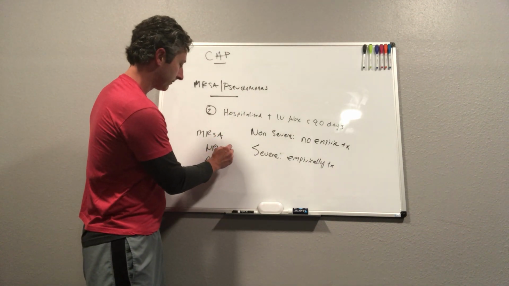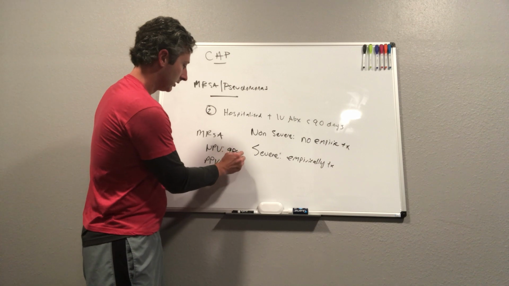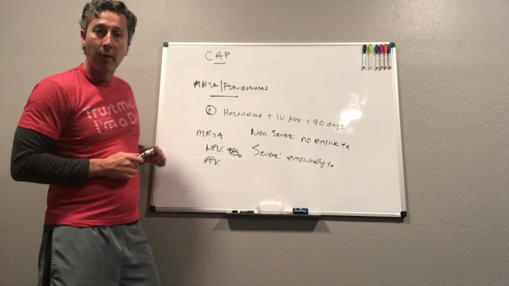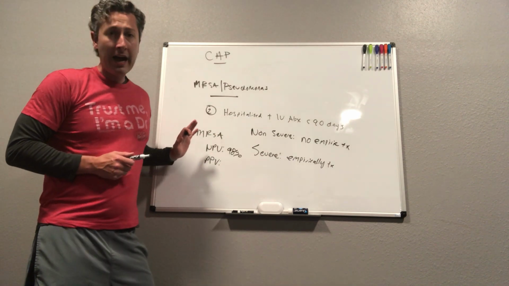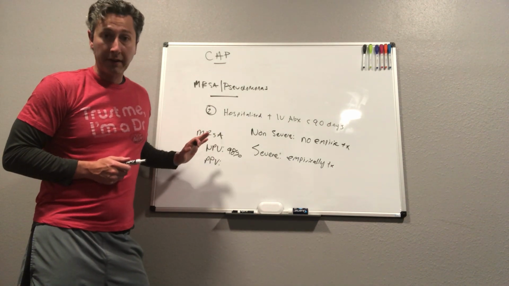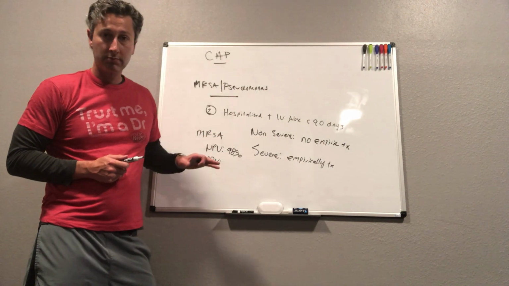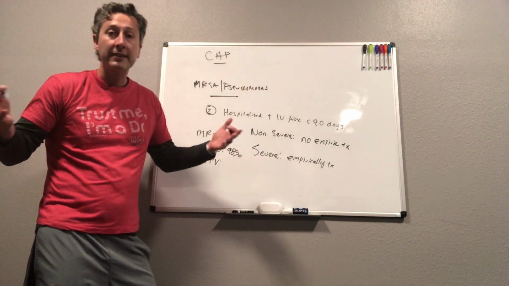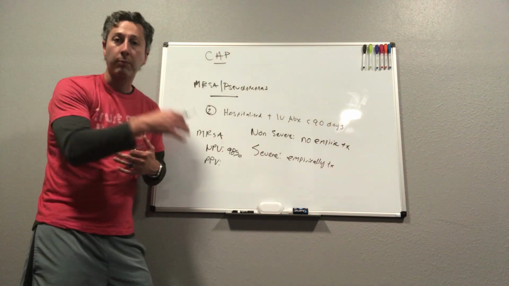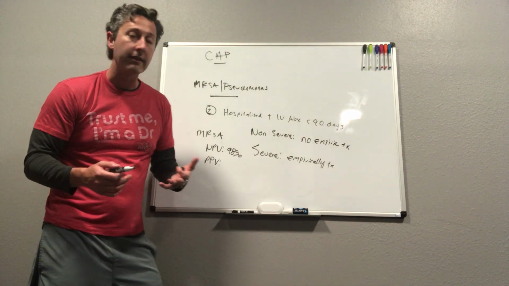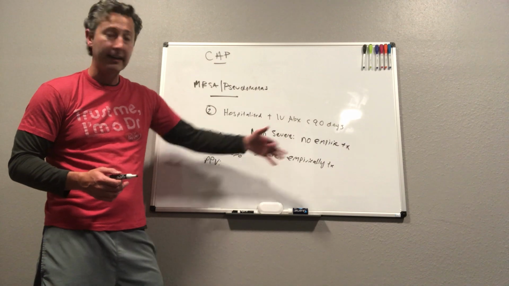So the negative predictive value is about 98%. So if my MRSA swab is negative, I can feel really good that I don't have MRSA as my causative agent, right? And I'm not colonized with it, I can probably just take off the vanc if I started it, especially if my gram stain is negative.